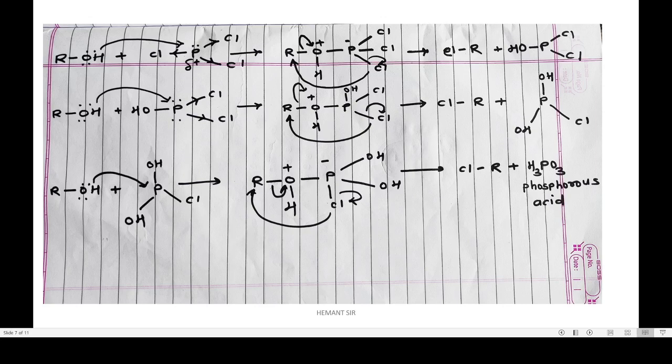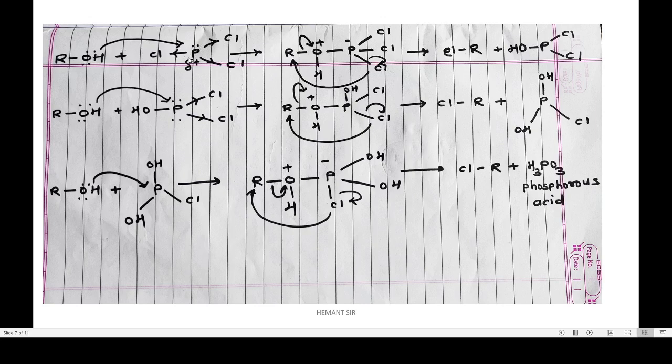Here ROH, the oxygen having a lone pair of electrons has the capacity to donate to the phosphorus. Phosphorus, whose outermost shell has 5 electrons, shares them with chloride, this one, and this one. There are 3 chlorides and 2 extra electrons as a lone pair.